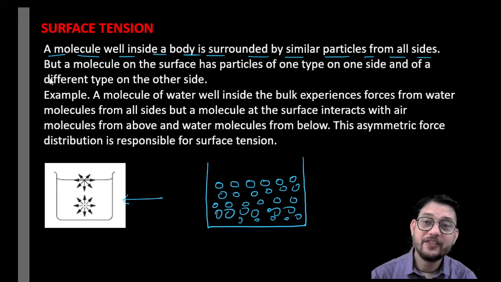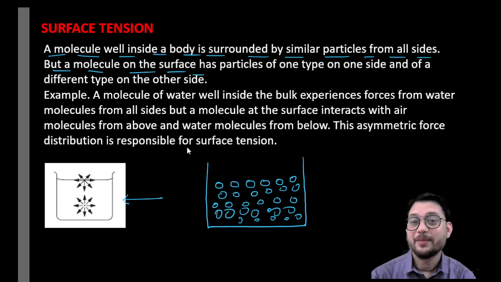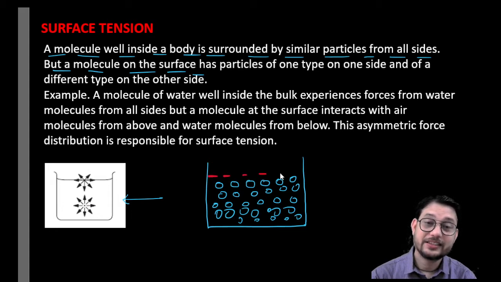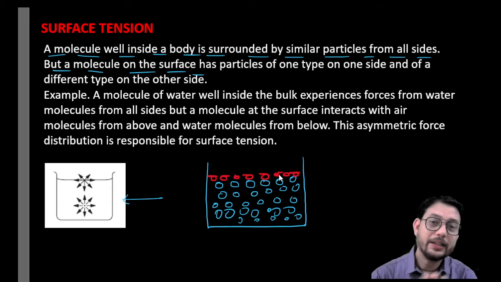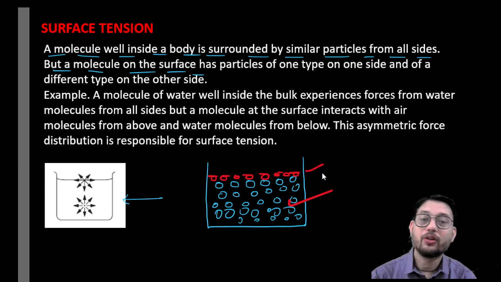But if we see a molecule on the surface, suppose this is the surface of the fluid, then although all the molecules are water itself, what is the difference between these molecules and these molecules?